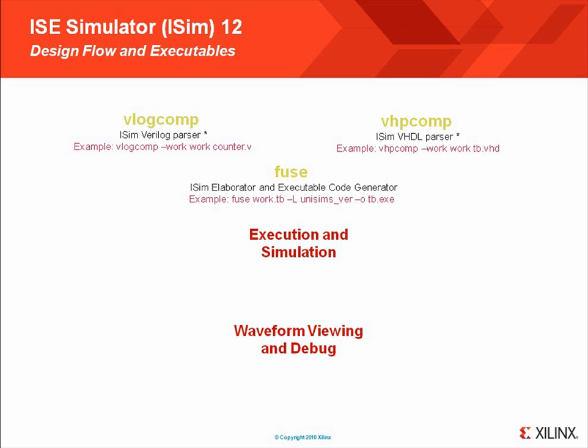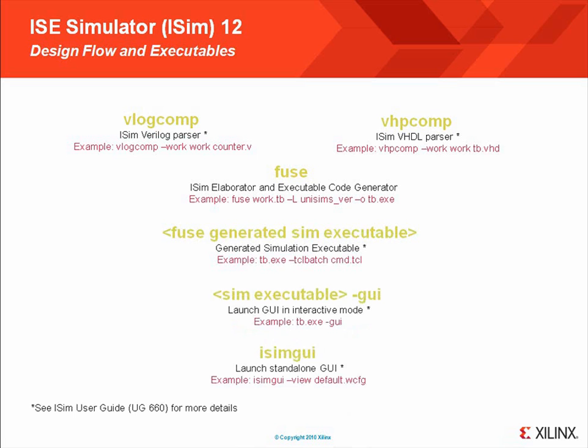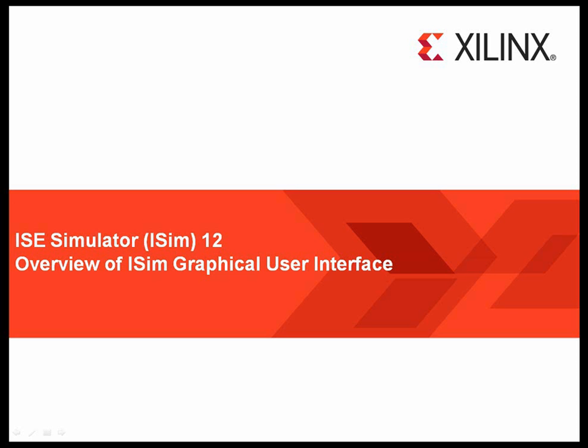Then, the ISim elaborator, called Fuse, elaborates all the precompiled code and produces a single simulator executable. This executable can then be used for execution of the simulation, either in batch mode or interactive mode, by making use of the -gui switch. Detailed information on how to run these commands can be found in the help and tutorial documentation.